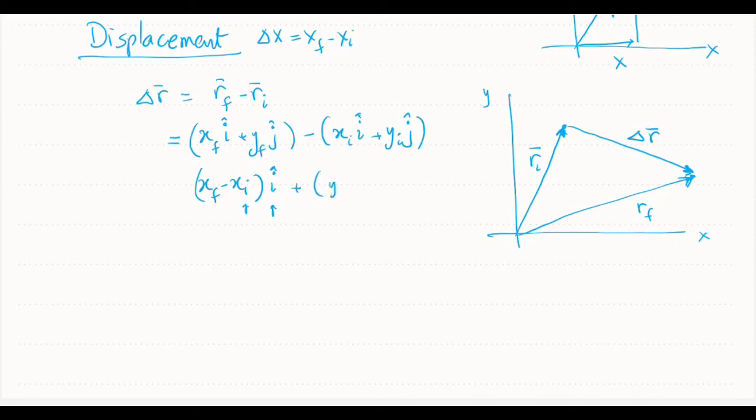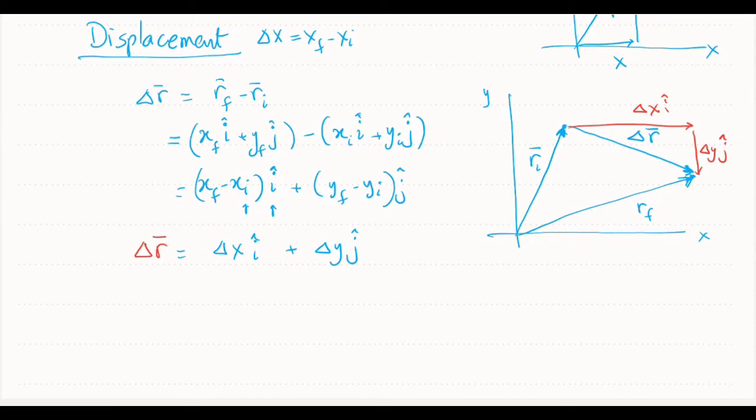Plus y final minus y initial j, which would be a delta x i and a delta y j. So this vector delta r we can break up into 2 parts: the delta x i and the delta y j. So our delta r, or the displacement, is delta x i plus delta y j.